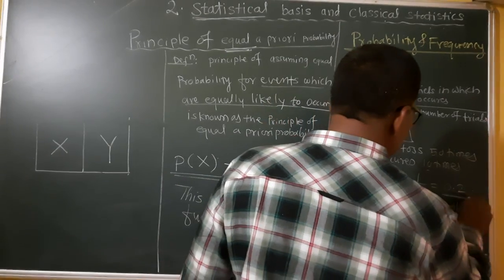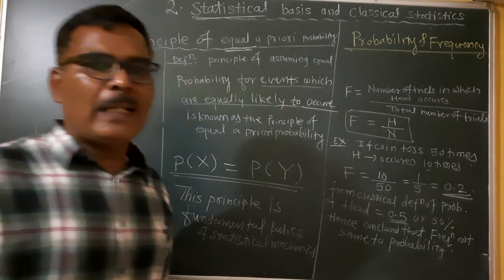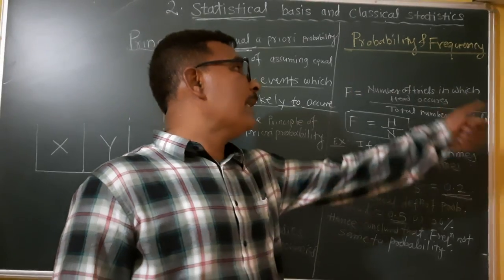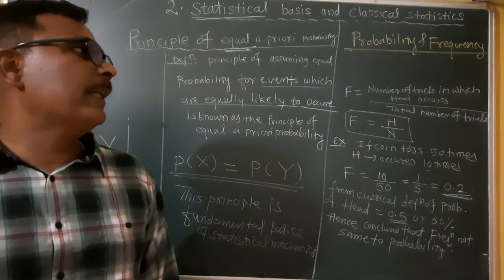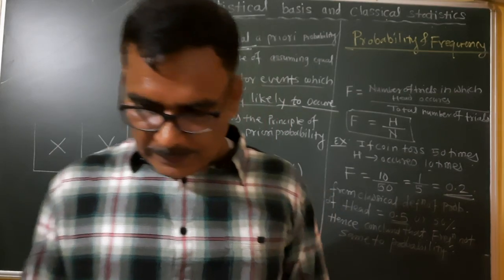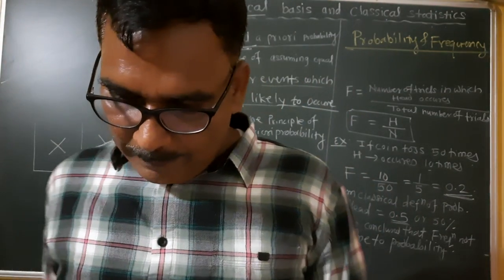Frequency is 0.2 and probability is 0.5, which means they are not equal. Frequency is the number of trials in which head occurs divided by the total number of trials, and here we consider the relation between frequency and probability.